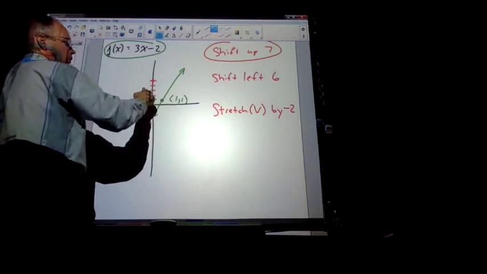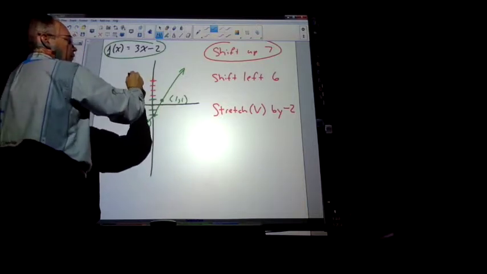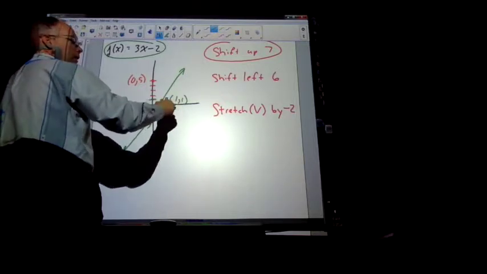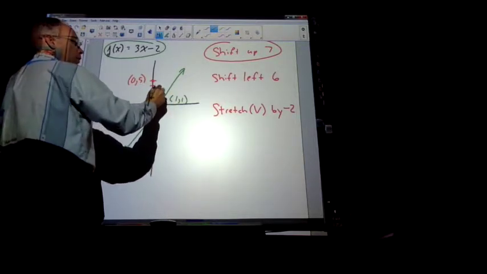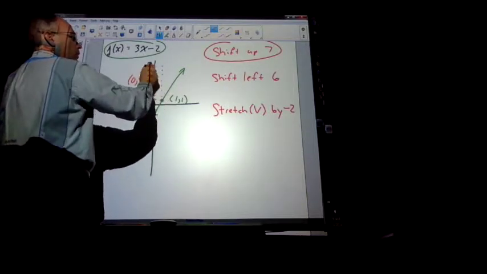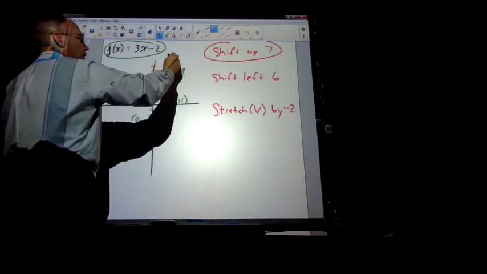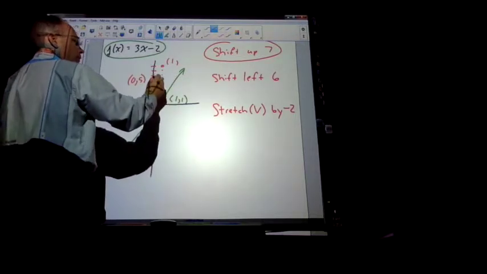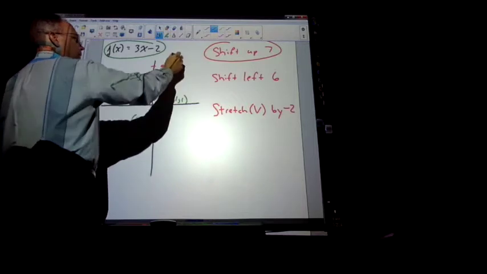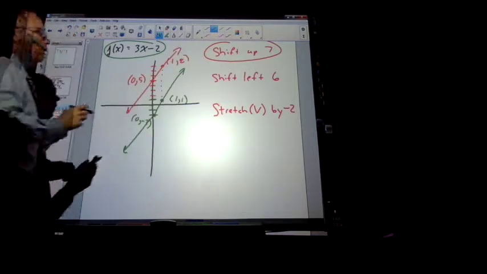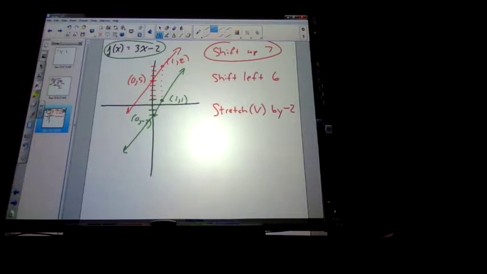So I'm up at 0, 5. What about this point? What's going to change? X or Y in here? Y. 1, 2, 3, 4, 5, 6, 7. So this is still going to be the point 1, comma 8. So if it shifted up 7, pretty simple.